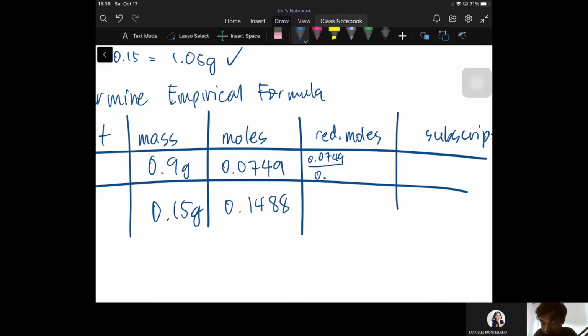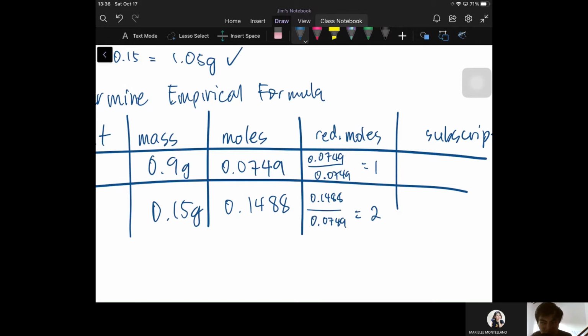0.0749 divided by 0.0749. Edi 1 yan. 0.1488 divided by 0.0749. Feeling ko 2 yan. Siyempre 2. 1.98, no? Pag ganun, we can round it up na, no? 2. Ano lang hindi pwede natin yung 0.33, pati yung 0.5.